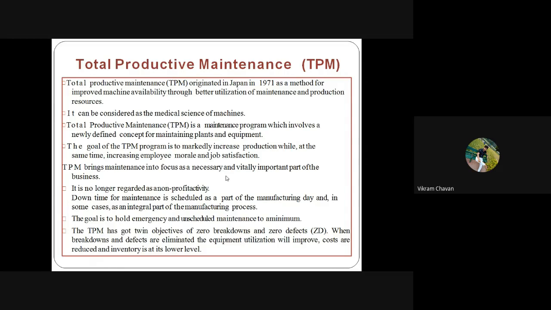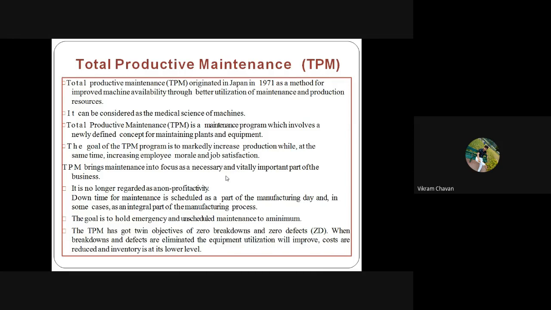Okay, so we know that after the 1950s or near about 1960, there is a large growth or high growth in the industrial sector, and the degree of automation goes on increasing day by day. But what happened?